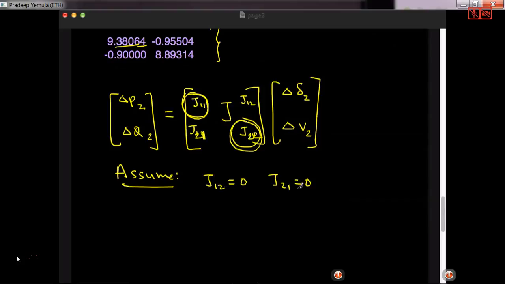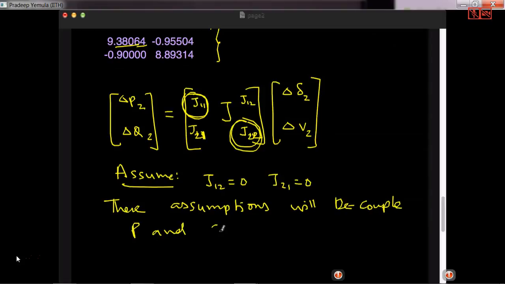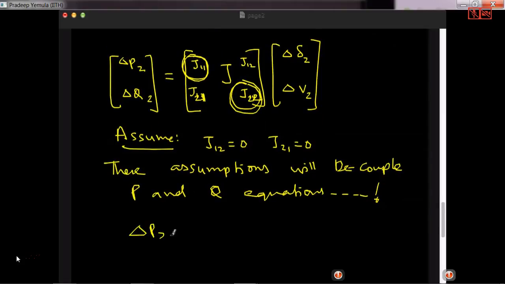If you make this assumption, then the above equations will become decoupled. These assumptions will decouple the P and Q equations. So what happens? If I substitute 0 here and 0 here, then I get two equations. Delta P2 equal to J11 into delta delta 2, and delta Q2 equal to J22 into delta V2.